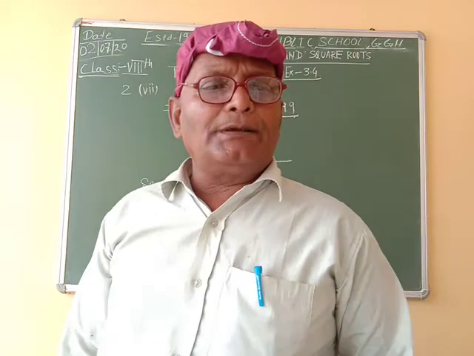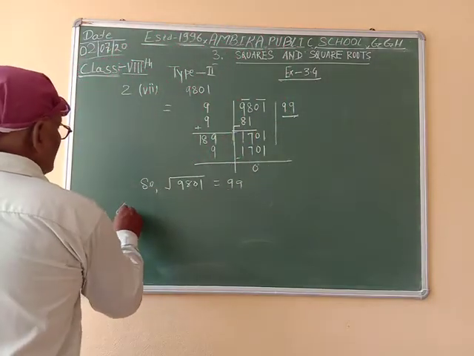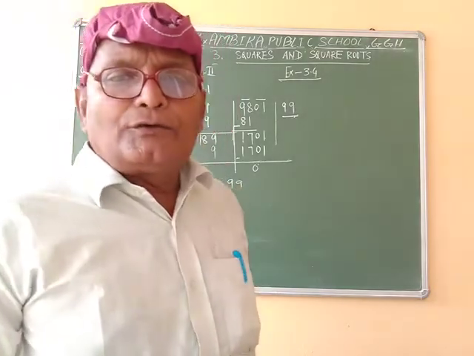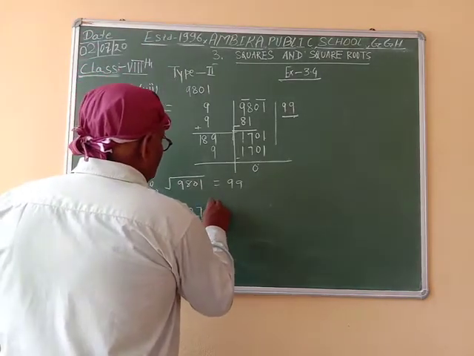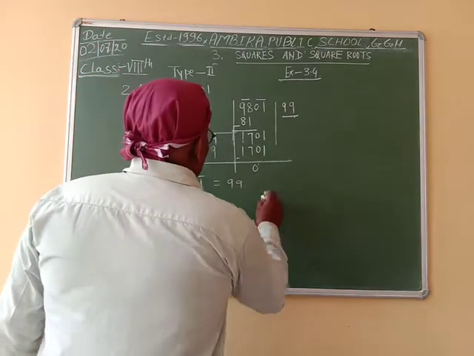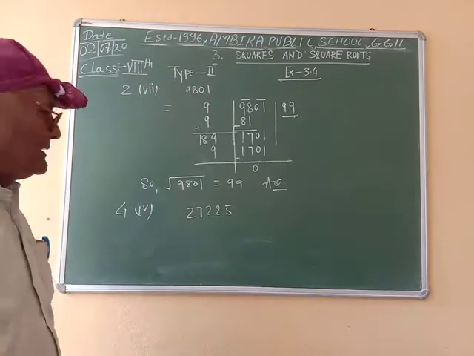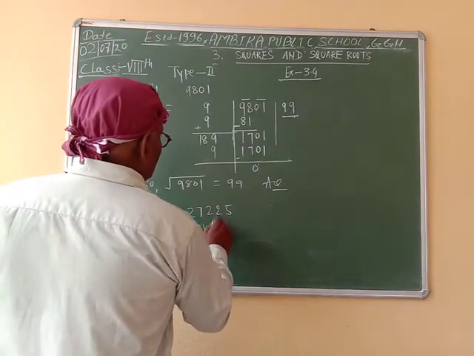As for example, question number 4 is 27225. We have to find the number of digits in the square root of the given number. Here n is equal to 5.